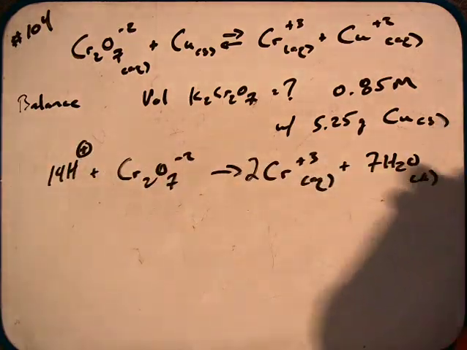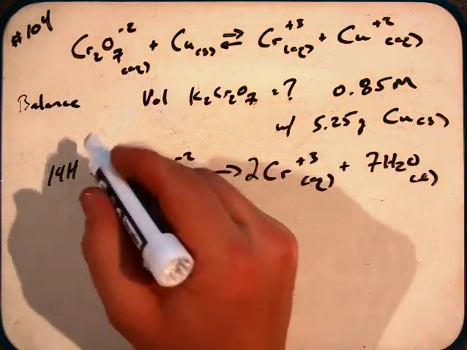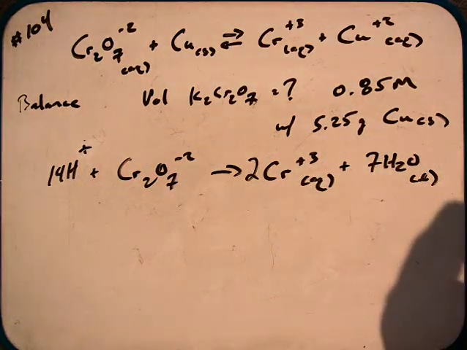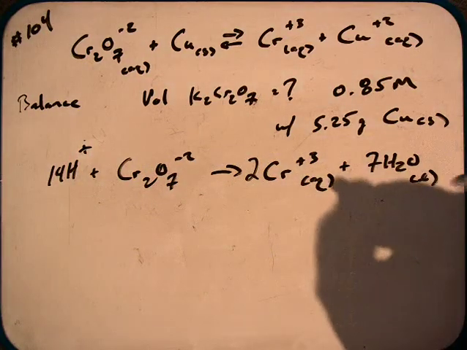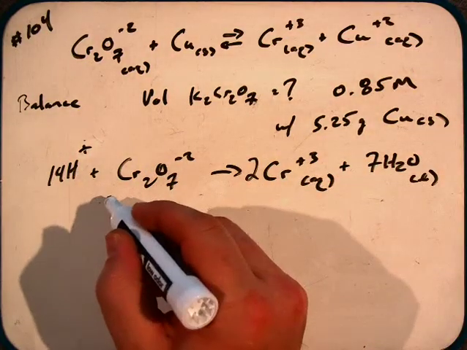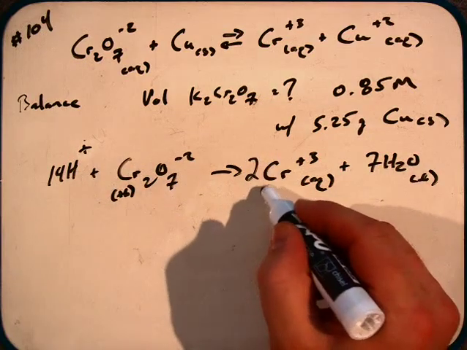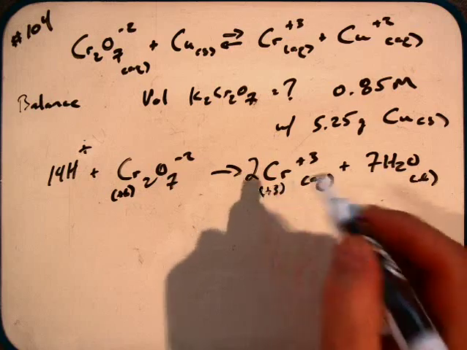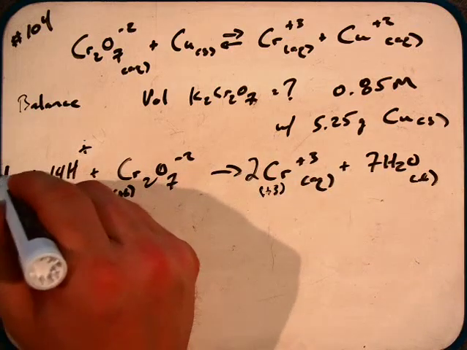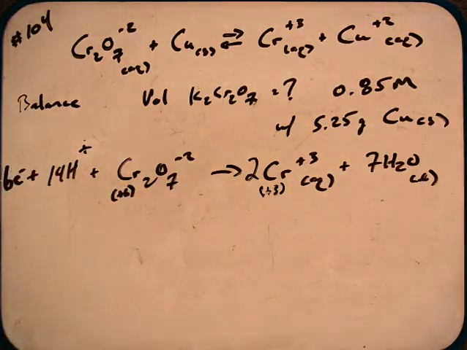They really don't tell us if this is acidic or basic, so we would have to stop there. Looking at the change in our oxidation numbers, we're going from a +6 to a +3, and since there's 2 of them there, we would be reducing with 6 electrons.